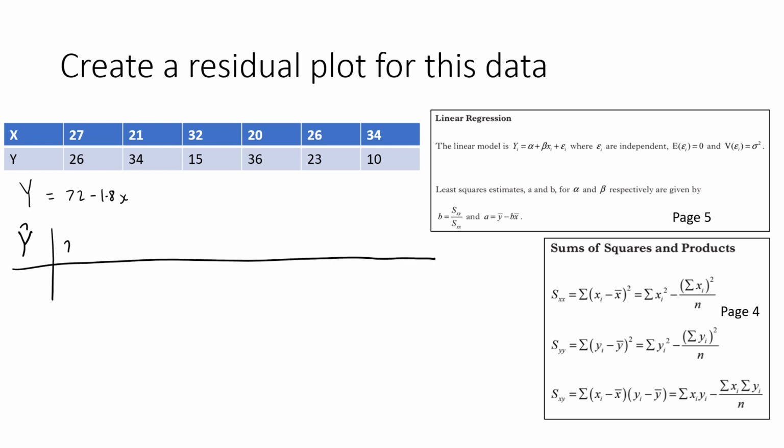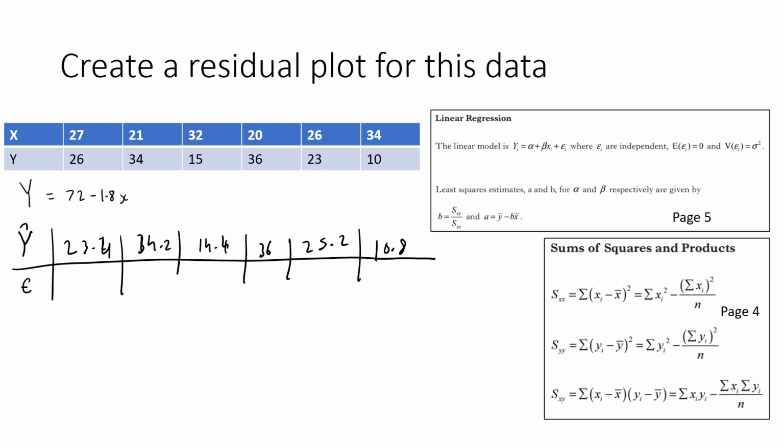First one being 23.4, then it's 34.2, 14.4, 36 on the dot, 25.2, and 10.8. Now we find our residuals, which are the true value, or the plotted value, minus the predicted value.